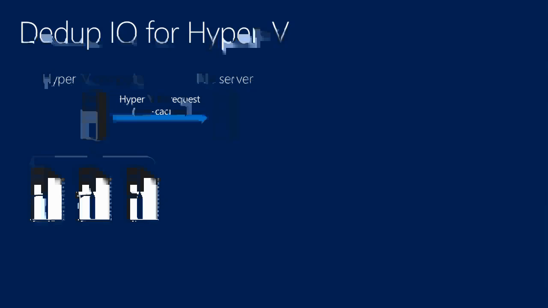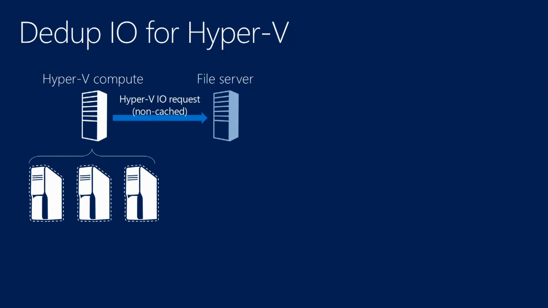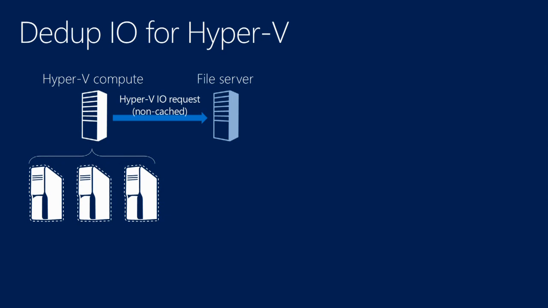So right, we talk about caching. This is just a little diagram to show how that works and what he's talking about. The Hyper-V compute node sends an I/O request to the file server. Hyper-V is always sending non-cached I/O requests. The file server sends that I/O request down the stack to the dedupe filter as non-cached I/O.